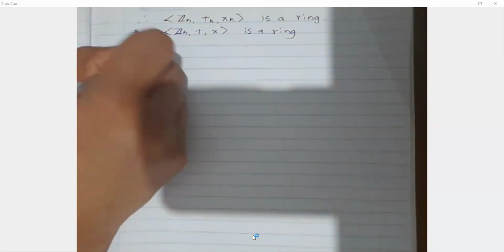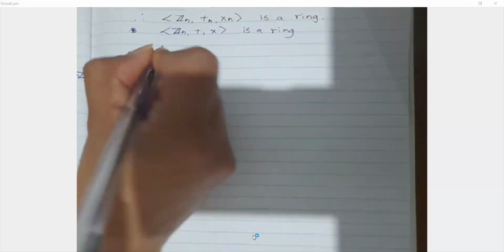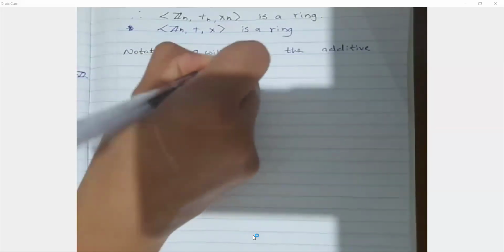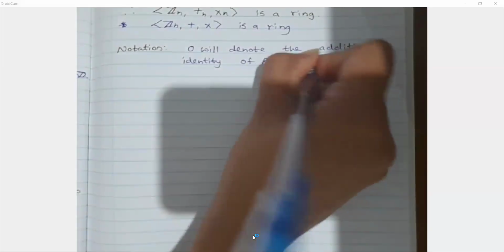Okay. So some notation. By 0, we will always denote the additive identity of the ring R. And for any element A in R, the additive inverse, because R under addition is an abelian group, exists for every element, right?